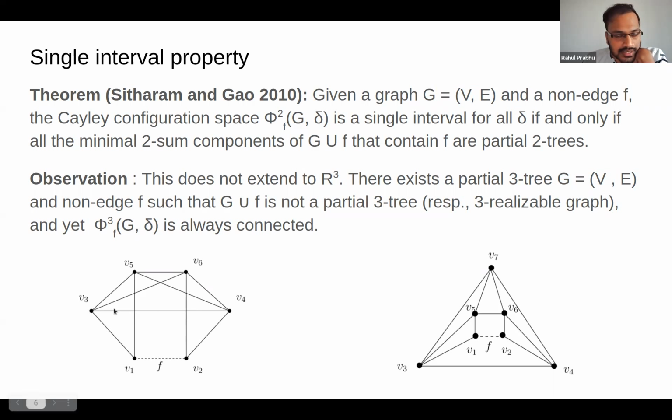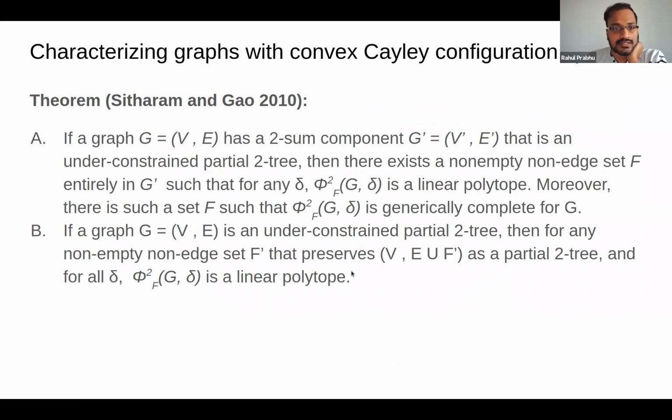These are K4, and you can imagine these two as the wings, and they hinge around these edges, and the length of this non-edge F is just a single interval. It's the same here. This is one of the problems that Mira, Sean, William, Lefteris, and I are currently working on, to find a characterization for this.